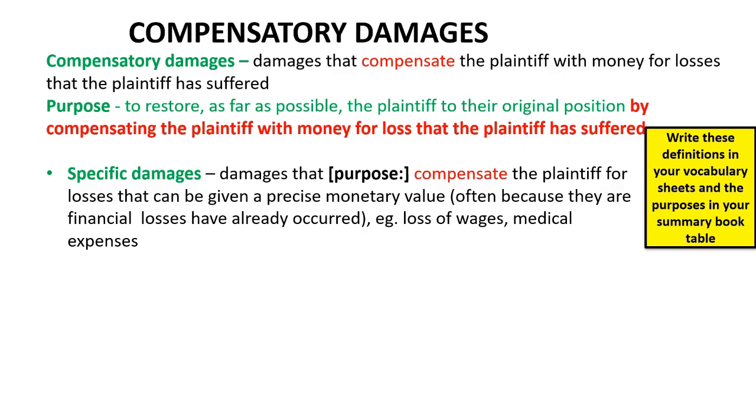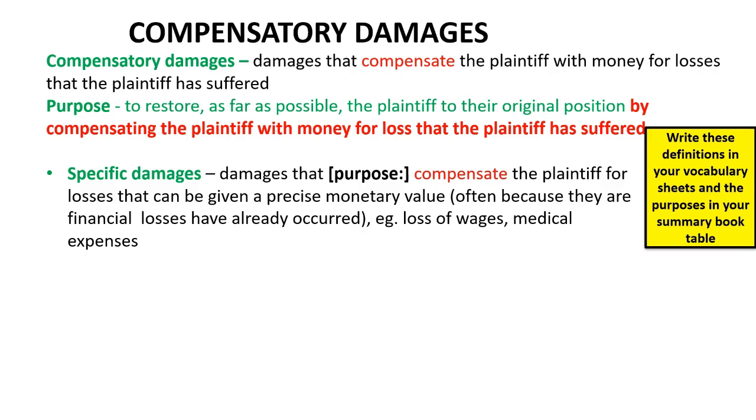Let me give you an example. Let's go back to the case of the plaintiff whose legs were broken because of the defendant's negligent driving. It may be that the plaintiff was employed as a casual worker at McDonald's who worked 2 shifts per week. Because the plaintiff cannot work while his legs are healing, the plaintiff will have lost 2 shifts worth of work per week.